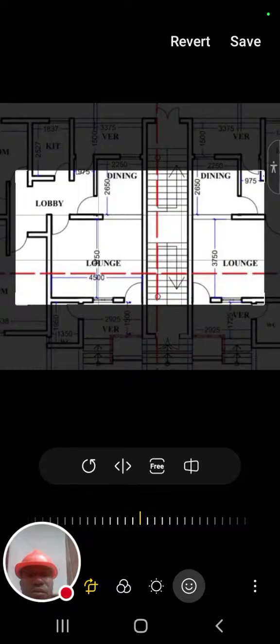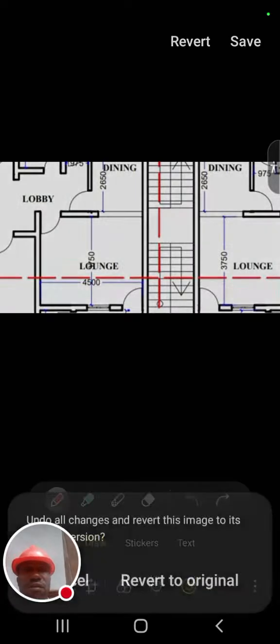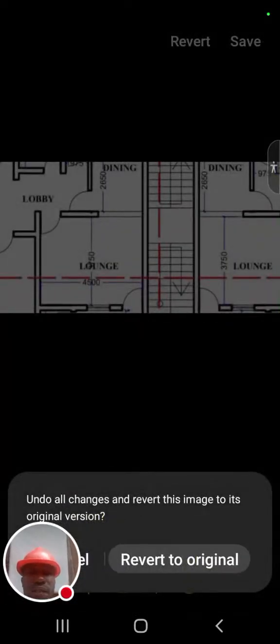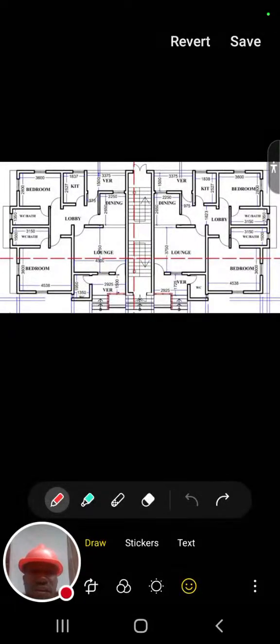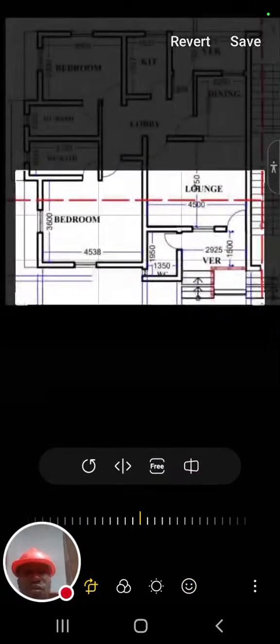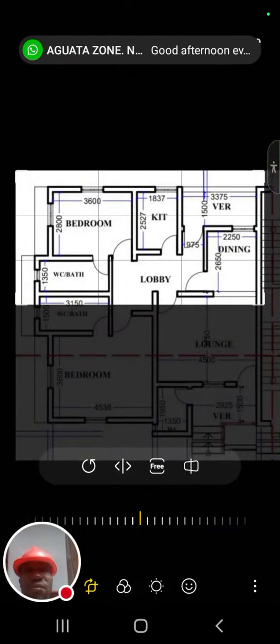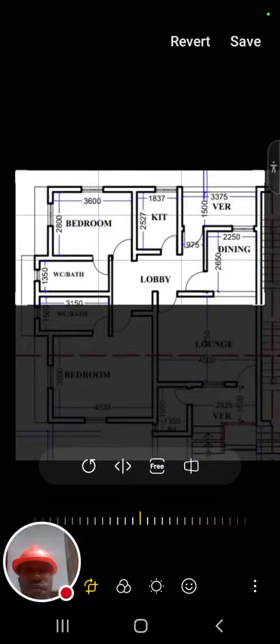Just hold on, I want to mark something. If you are joining us newly, please pay attention. Number one thing you have to note is for you to understand: number one, this is the bedroom.